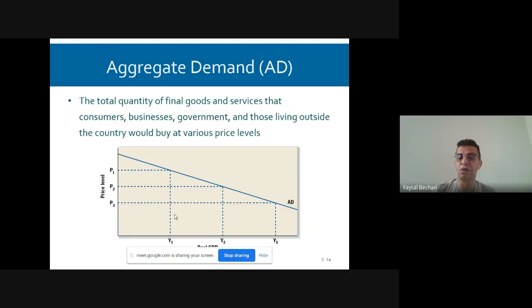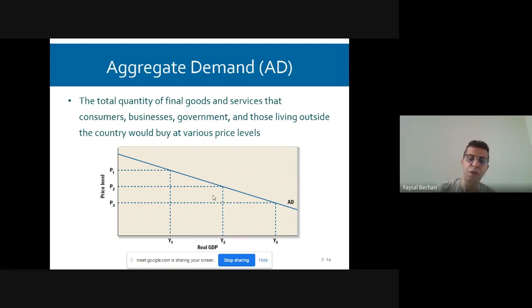Now, the aggregate demand is the total quantity of final goods and services that consumers, business, government, and those living outside the country would buy at various price levels. And it's very easy here. You can see the aggregate demand at the price of so and so at this level. As the price goes higher, the demand for a certain product goes lower.